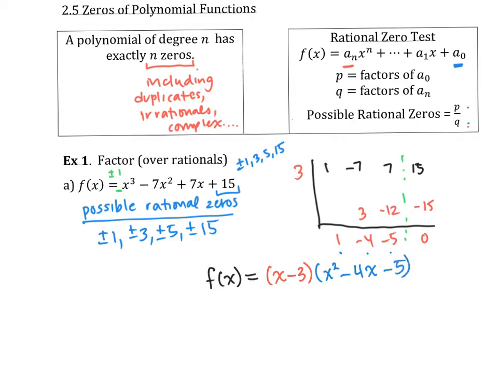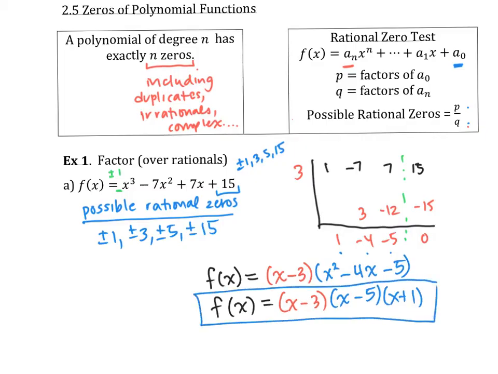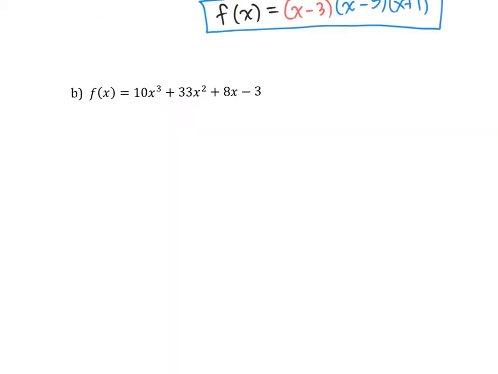It tells me to factor over the rationals, so if I can factor more, I'm going to keep going. So I still have the x minus 3. Well, 5 and 1. So x minus 5 and x plus 1. This is completely factored now. It's degree 3. I got it all the way to 3 factors. And based on the factors I see here, if I had tried 5 as my first guess, it would have worked. If I had tried negative 1, that would have also worked.